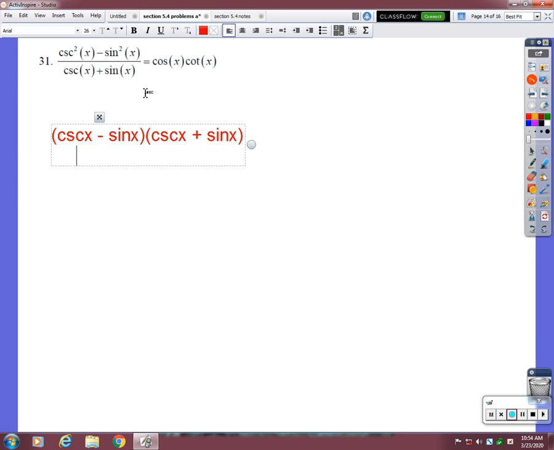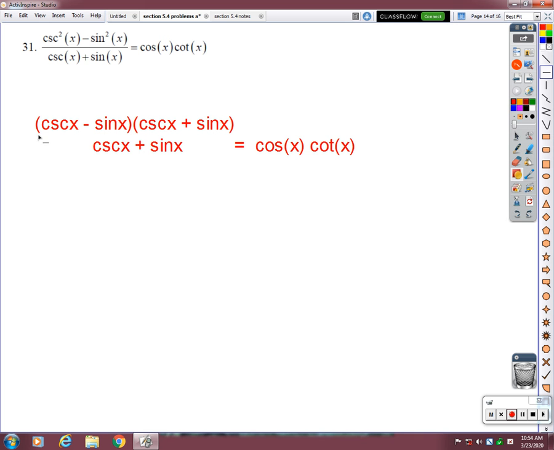And that's still over cosecant of x plus sine of x equals the stuff we have on the right, which is cosine of x times cotangent of x. Alright. And this is a fraction.